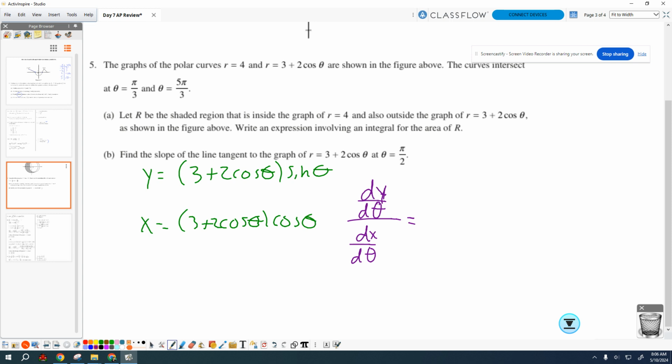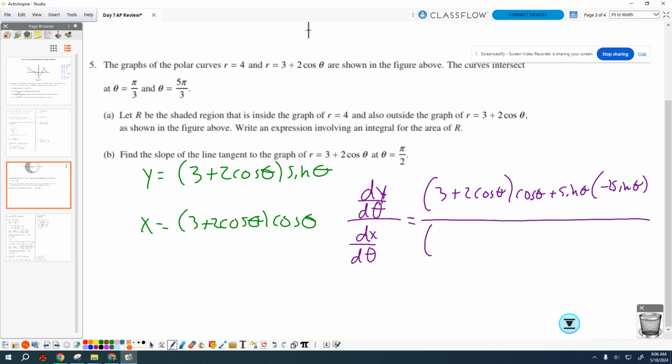I always do product the same way: first times the derivative of the second plus second times the derivative of the first, over first times the derivative of the second plus second times the derivative of the first. A lot of this lines up and will be the same thing, and it's a way to double check: did I get the same thing twice? Did I forget the negative twice?